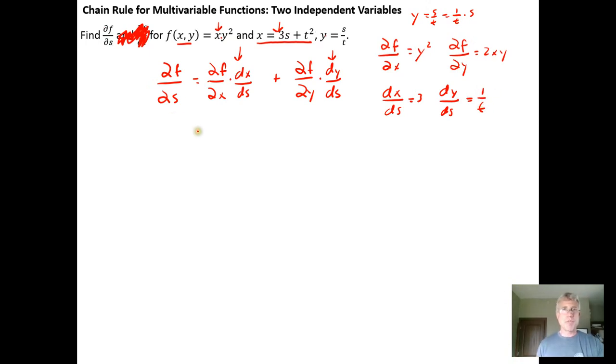And now we can just put those pieces together. Partial f partial x is just y squared times dx ds, so it's times the 3. And then usually you would put the constant in front, so 3y squared would be the more common way to write that, plus partial f partial y, so partial f partial y is just 2xy times dy ds is just 1 over t, so this is over a t right here.